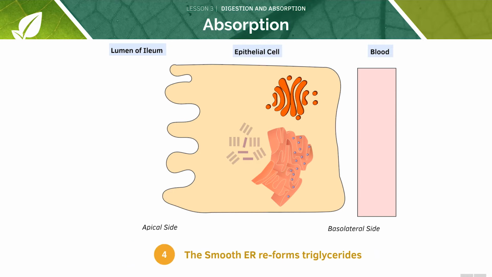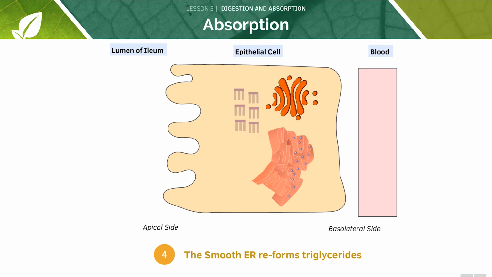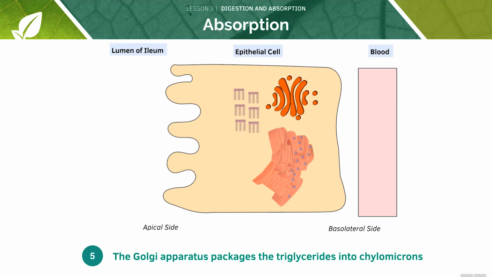Now, the smooth ER can reform the triglycerides, using the absorbed monoglycerides and fatty acids. The triglycerides are transported to the Golgi apparatus. This will then package the triglycerides into structures known as chylomicrons.